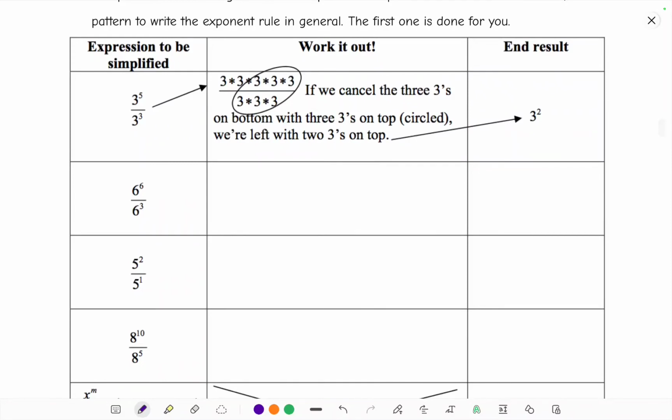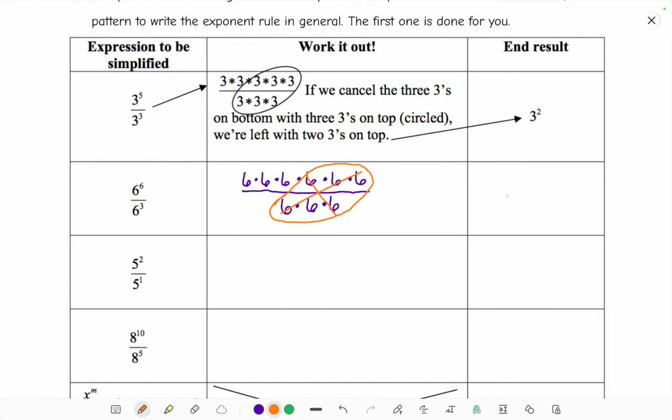So what if we have 6 to the 6th over 6 cubed? So that's 6 times 6 times 6 times 6 times 6 times 6 all over 6 times 6 times 6. And again, we're going to get 3 6's on top, cancel out with the 3 6's on the bottom.